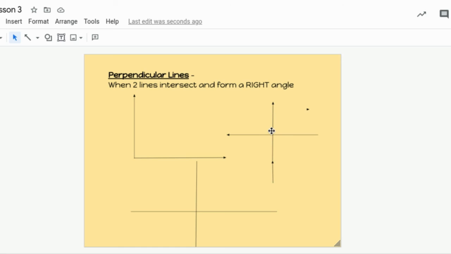So your job today is to be able to identify these right angles. Again, when two lines intersect or possibly intersect in the future and form right angles, that perfect L shape, then those are perpendicular lines. Good luck to you.